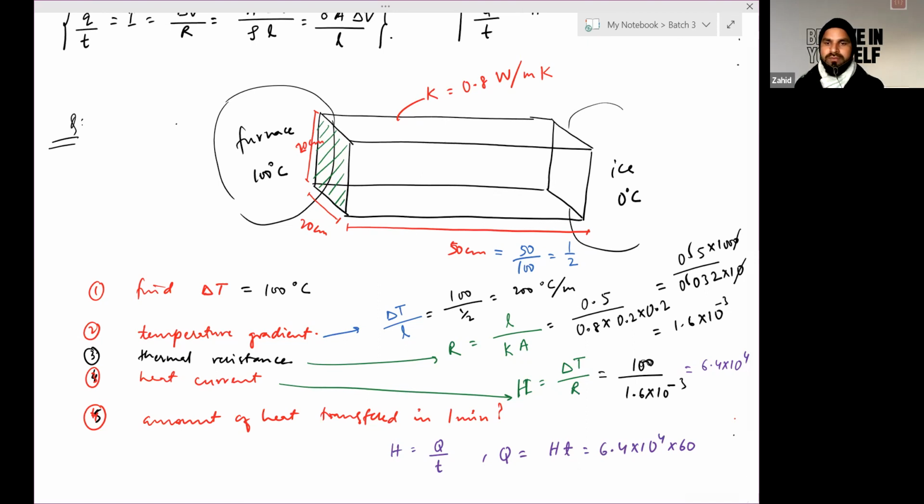Atif, just check your calculation for the fourth part.